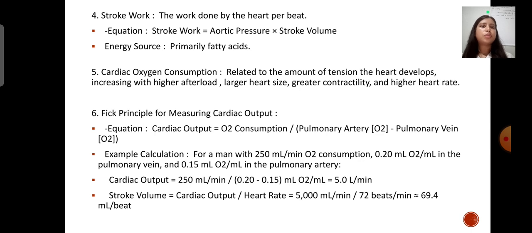Then the cardiac output will be 250 ml divided by 0.20 minus 0.15, which equals 5.0 liters per minute. The stroke volume will be cardiac output divided by the heart rate, which is 5000 divided by 72, approximately 69.4 ml per beat.